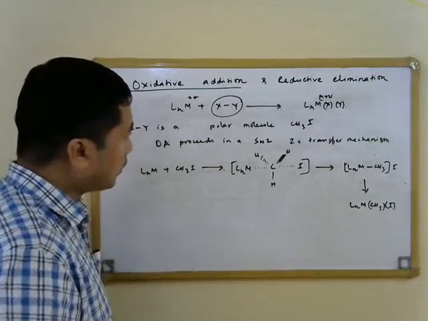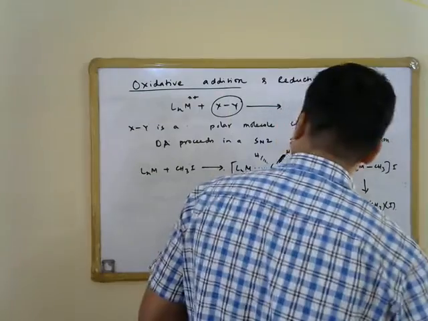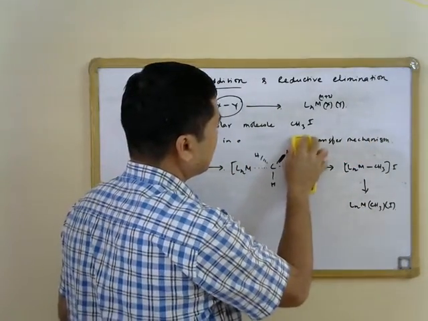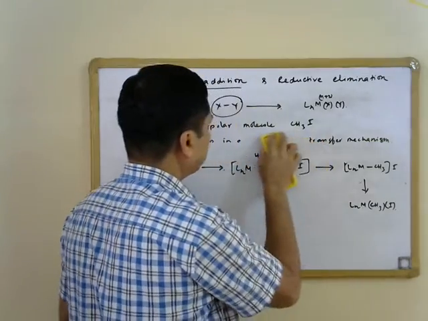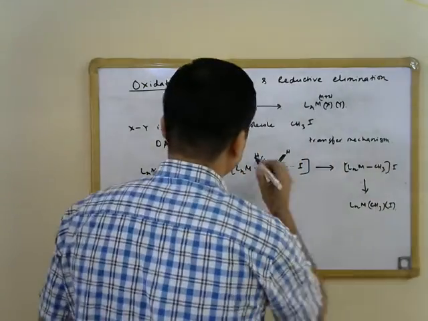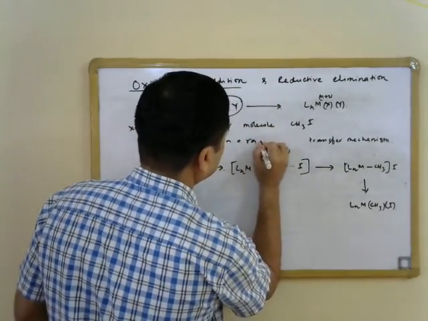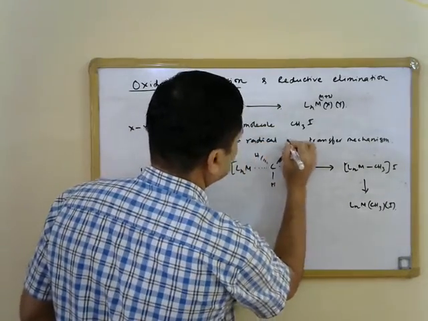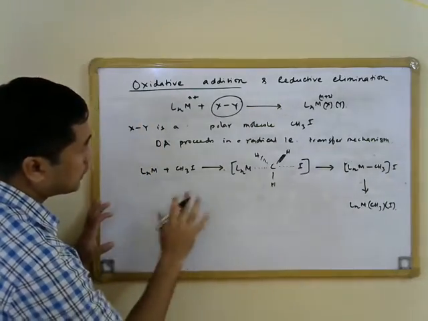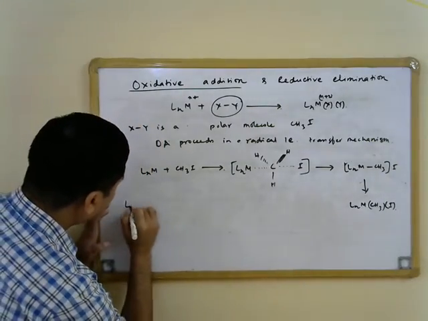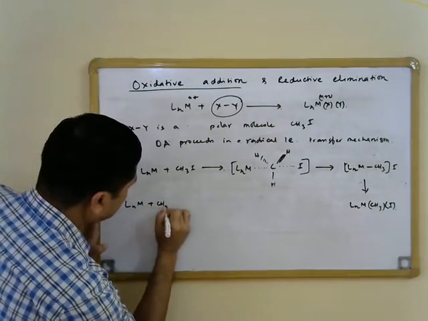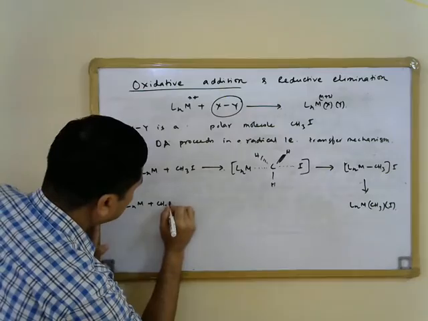The reaction can also take place via a radical pathway. And in this case, the mechanism involves essentially one electron transfer. It is LnM, and we have CH3I.